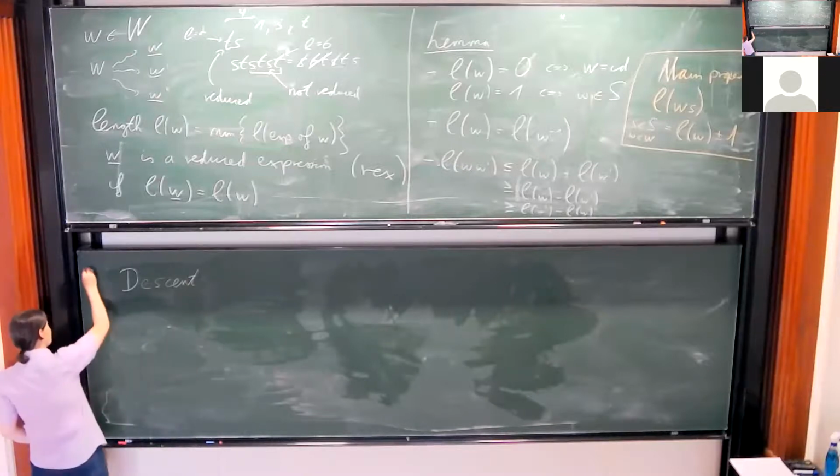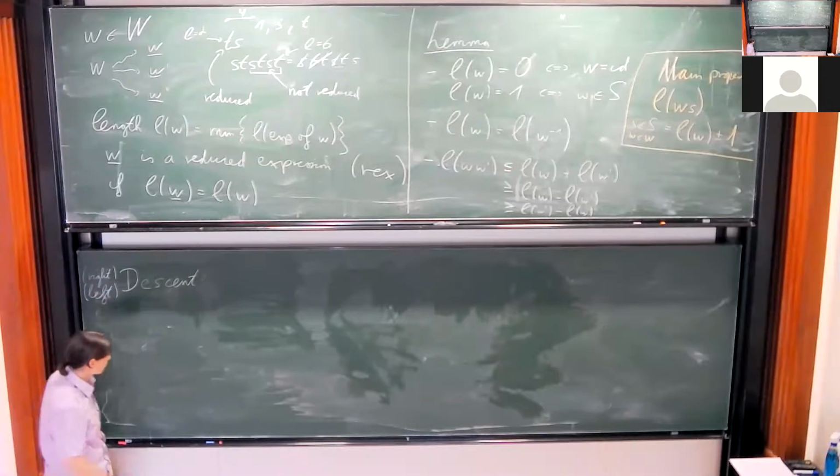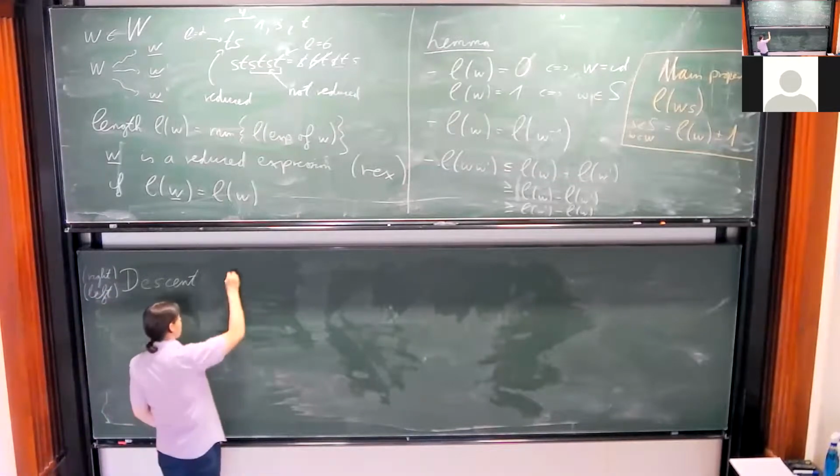They come in two flavors, the right and the left descent. They're exactly the same, just right and left. So let me do the right one.